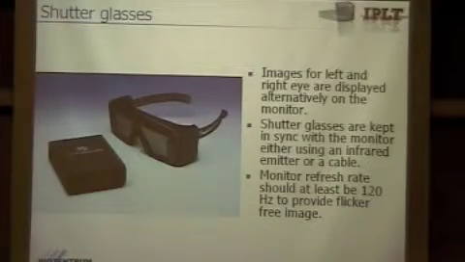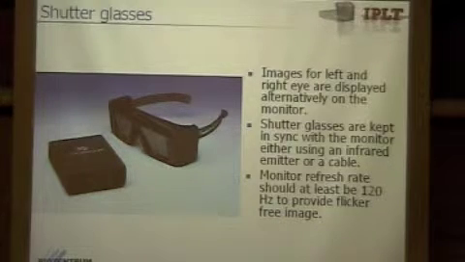The second solution is nowadays used quite often, although it's older. That just uses shutter glasses. There you use a normal CRT monitor, and you just have a set of glasses. The monitor displays first the image for the left eye, then the image for the right eye, then again the image for the left eye.